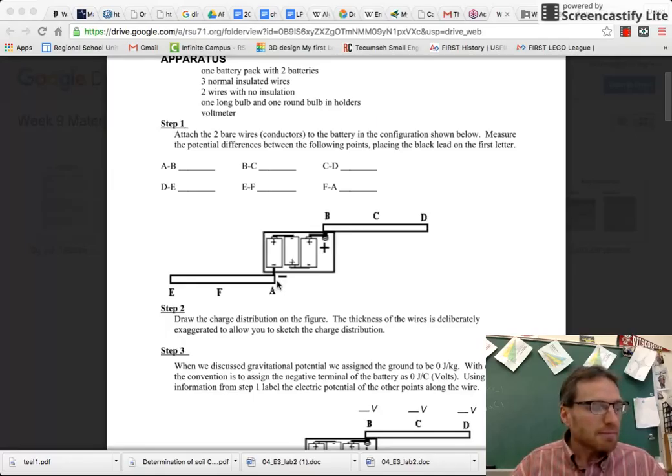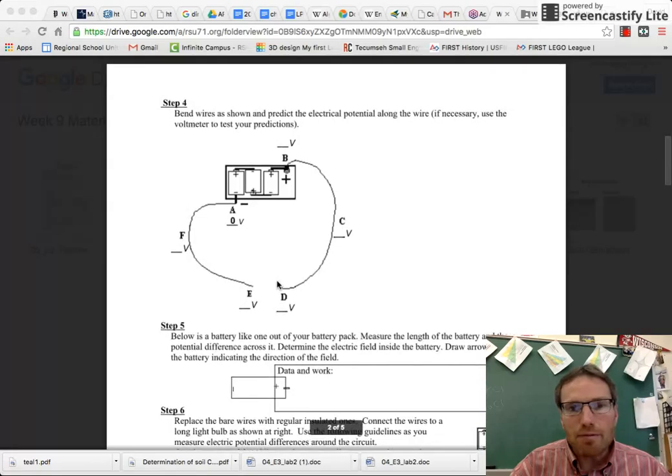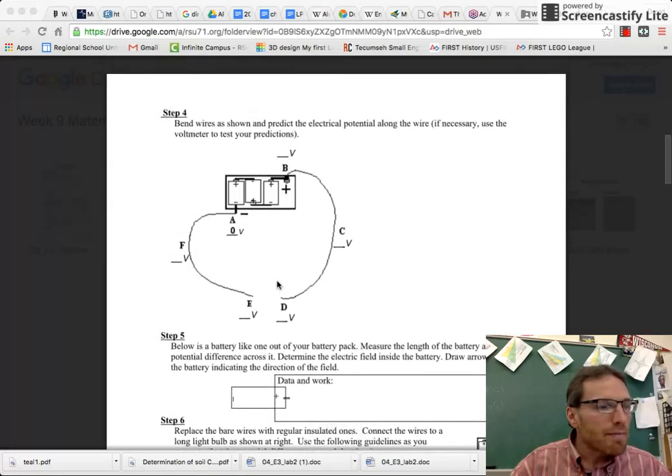But then I continued on with the lab, working in step 7.